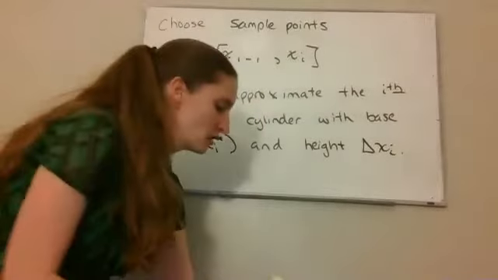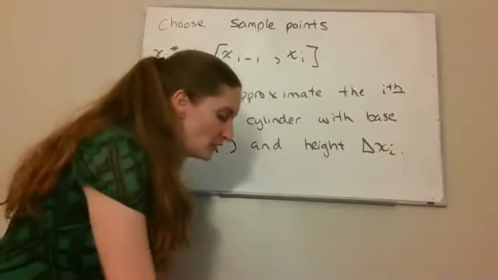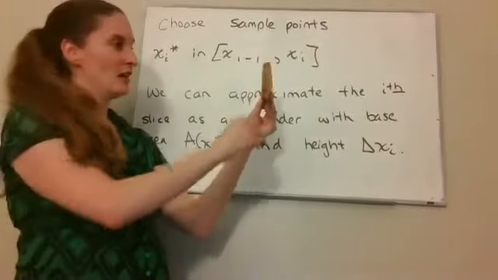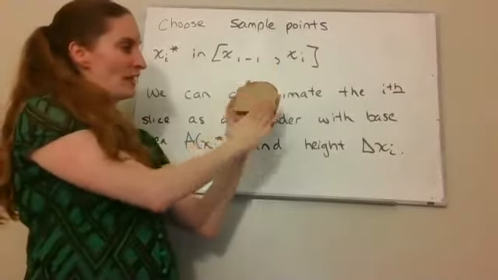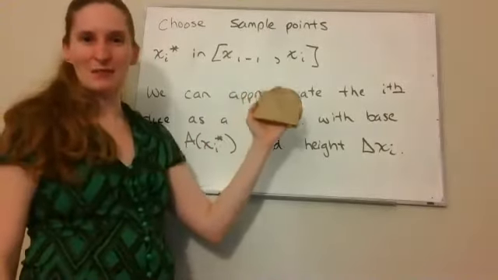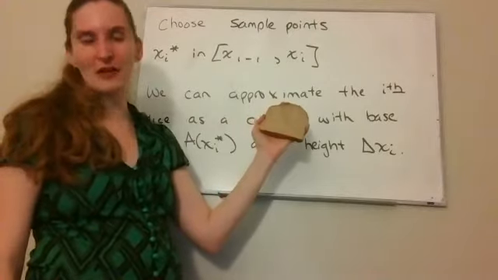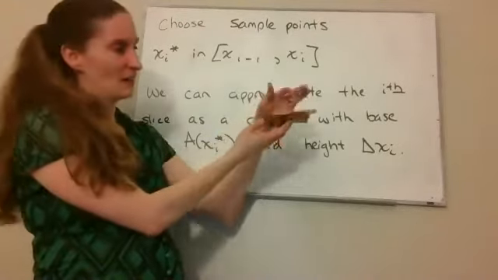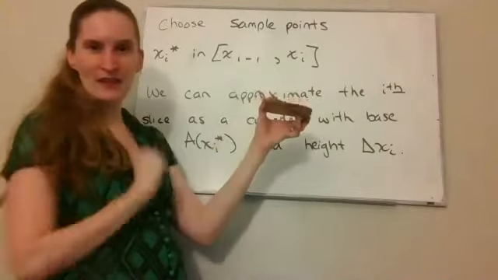So again, what we were doing, we sliced this all up, and I told you to think of a piece of bread. So here's our piece of bread. We said A of x was the area of the face. And now we're saying we're going to estimate this piece of bread with a cylinder. And yes, we are. What we're going to do is picture this like this. It's a very thin cylinder.